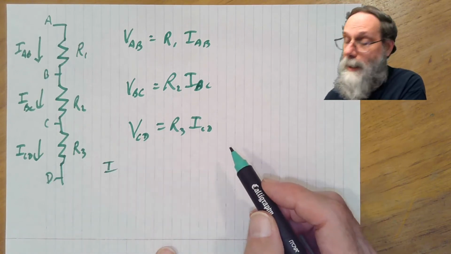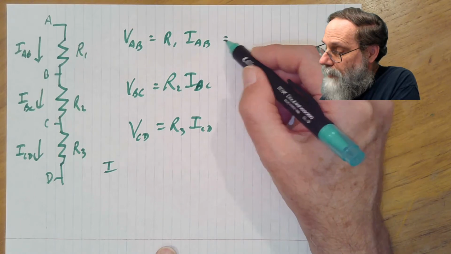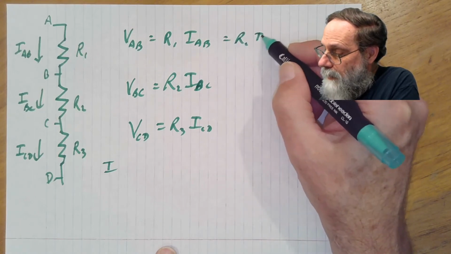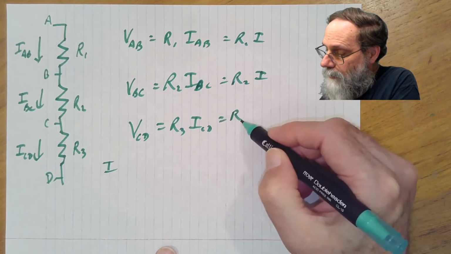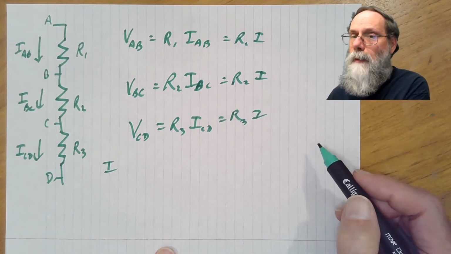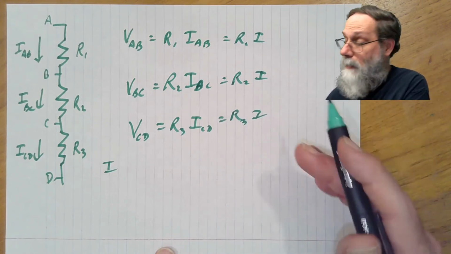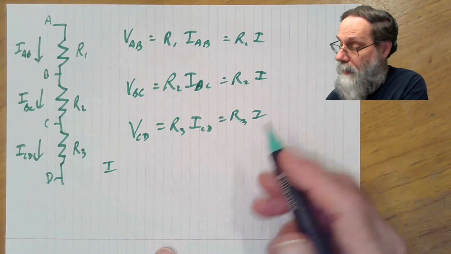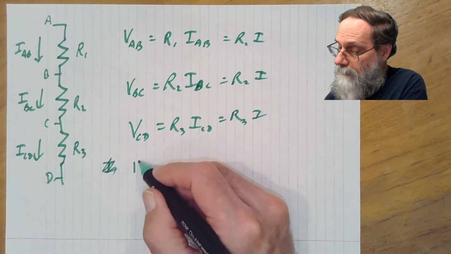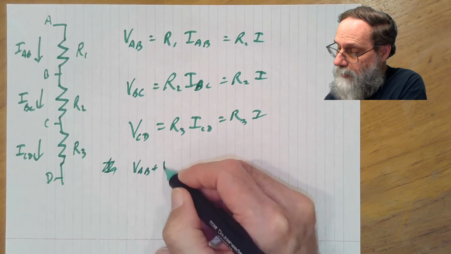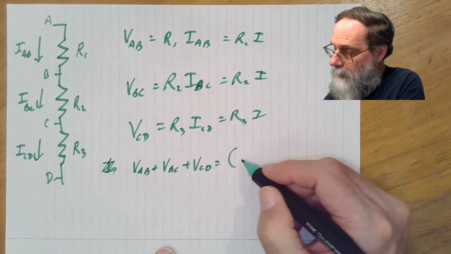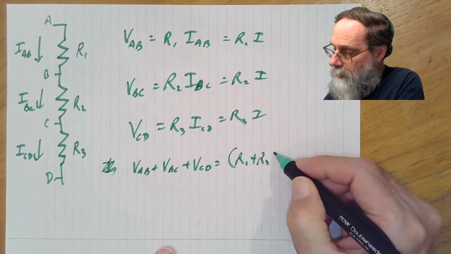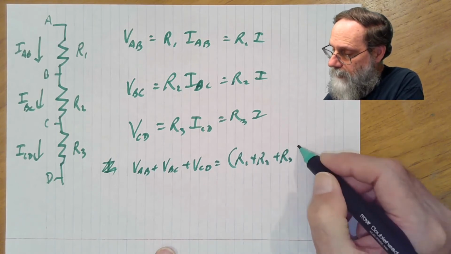Let's just call it I. So this is R1 times I, this is R2 times I, and this is R3 times I. What happens if we add these three equations together? Then we would have VAB plus VBC plus VCD is R1 plus R2 plus R3 times I.